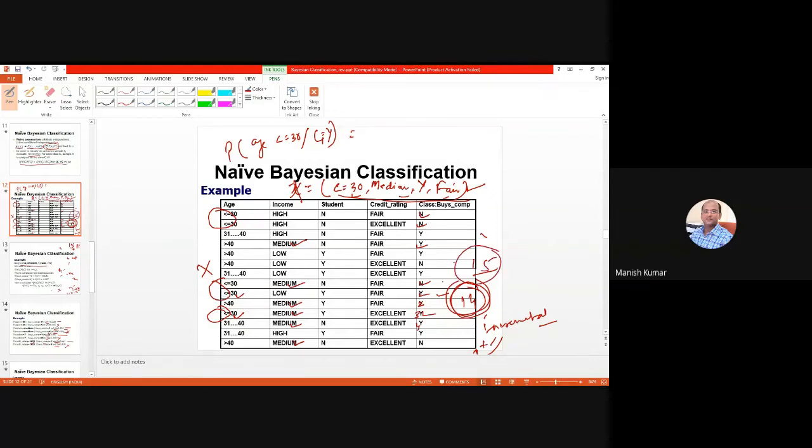So all the probabilities will change, because the class probability will be defined over 15 data samples for yes and no, and the individual class probabilities will also change, and similarly all the probabilities will change.